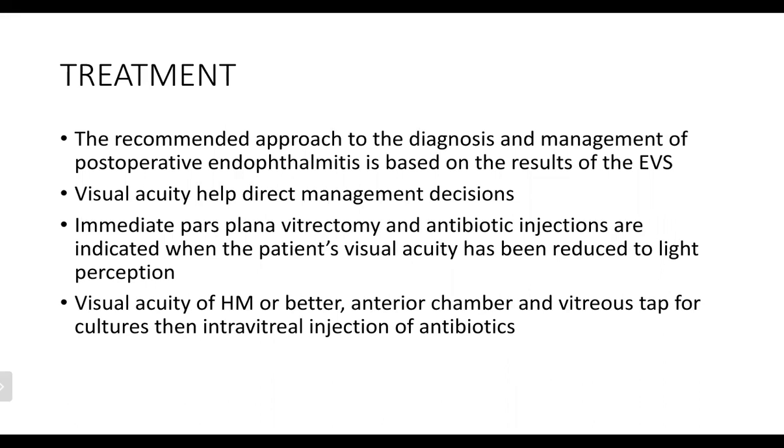For patients with a visual acuity of light perception, the EVS recommends immediate pars plana vitrectomy with intravitreal antibiotic injection. But for patients with a visual acuity of hand movement or better, they recommend a vitreous tap for the MCS and then intravitreal injection of antibiotics.